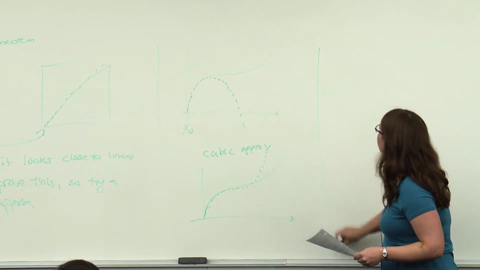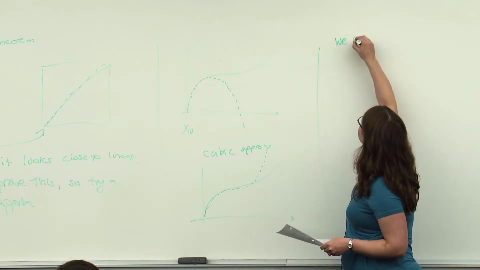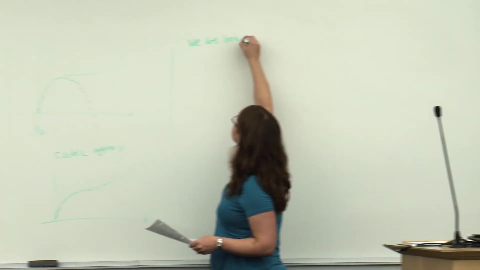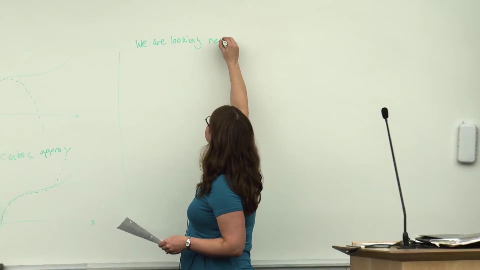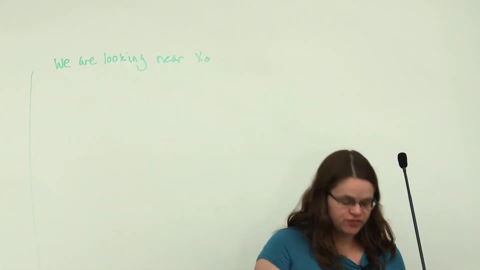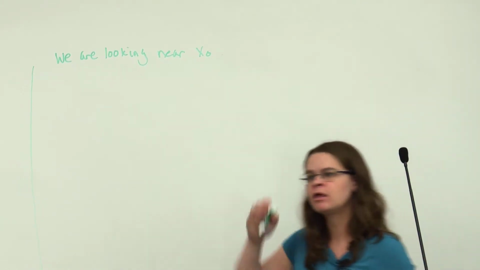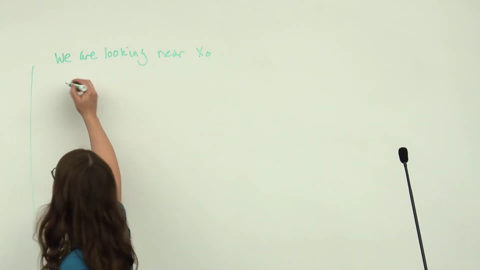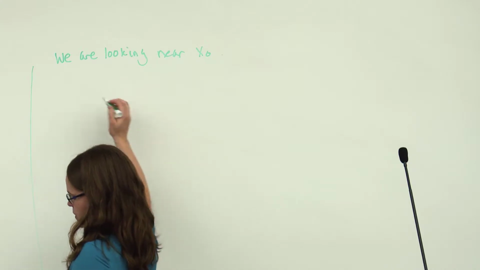Okay, so we're looking near x0. And we're looking at what f does near x0. So what are the conditions we should put on our polynomial approximation?